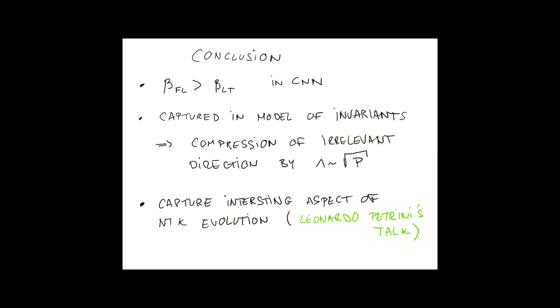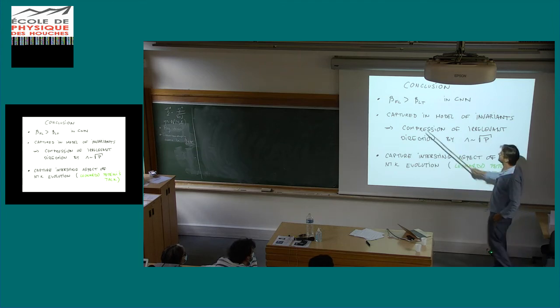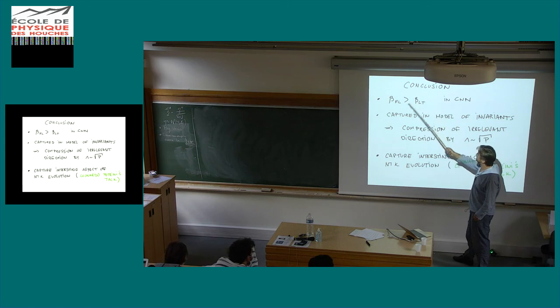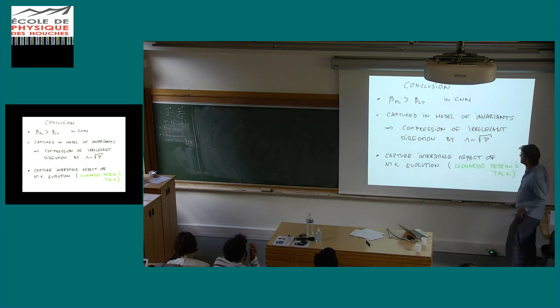Okay, so now I have two or three slides of conclusion. What we observed is that for a CNN on MNIST, for example, feature learning was working better. The exponent beta was better than in lazy training. This fact is captured by these simple models where you have invariance. And really what happens in this model is you compress the directions that are uninformative.